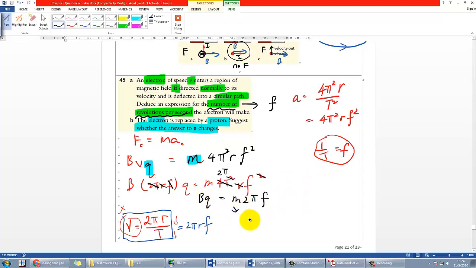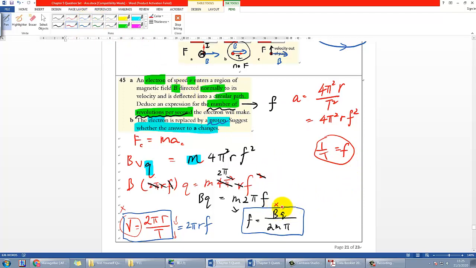So we could have F equals BQ over 2 m pi. So that means if this is the expression for part A, and for part B we are thinking about whether changing to proton would make a change, then it should be more obvious now.